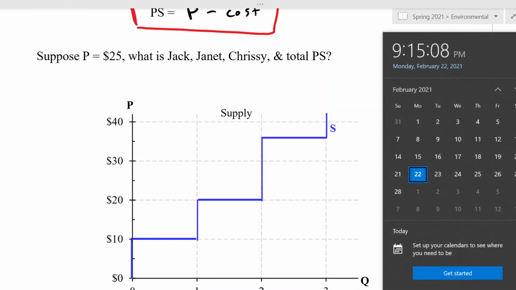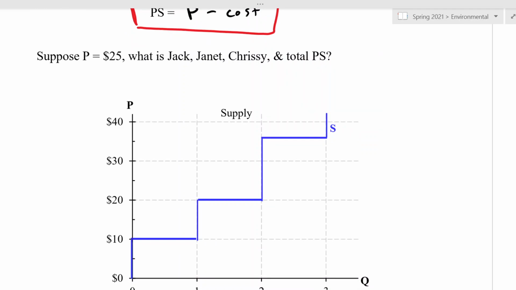Okay, and so again, let's take an example here from the same lawn mowing business. And suppose the price is $25. At that price, Jack would definitely be willing to supply his service because his costs are only $10. If he's going to get $25 for doing it, then he's going to do it.